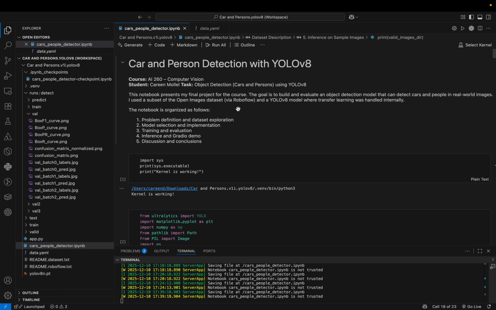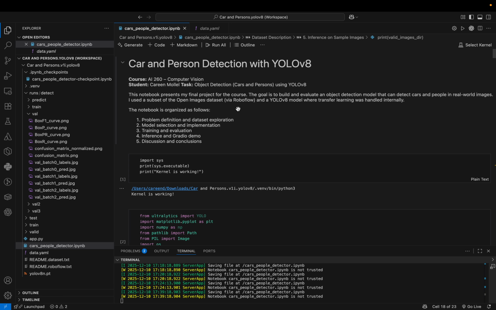My name is Karine and I'm presenting my final project. In this notebook I go over the goal of this project, which was to build and evaluate an object detection model which can detect cars and people in real world images.